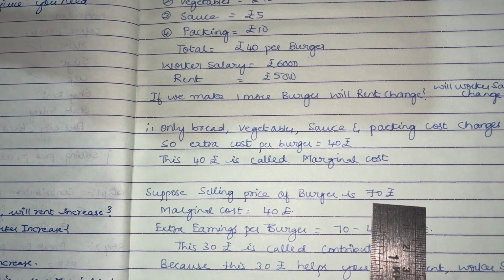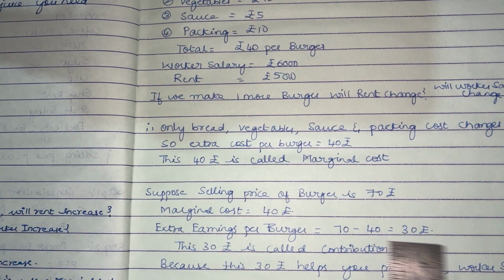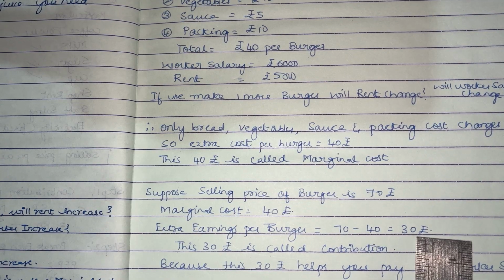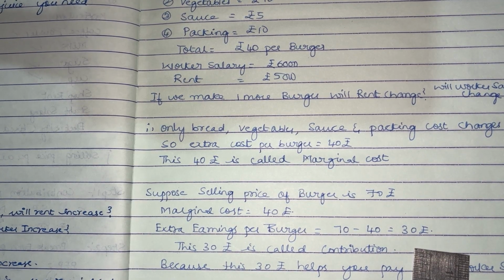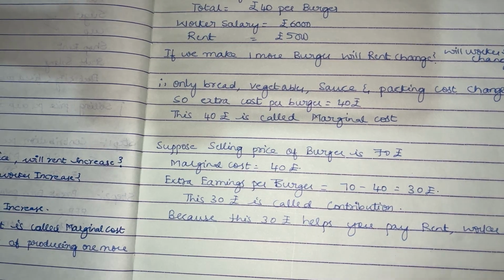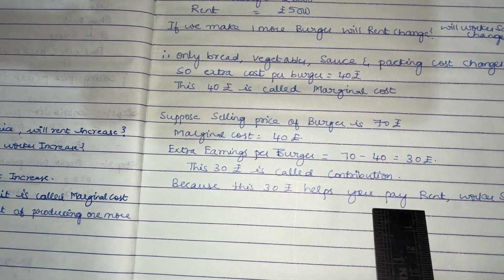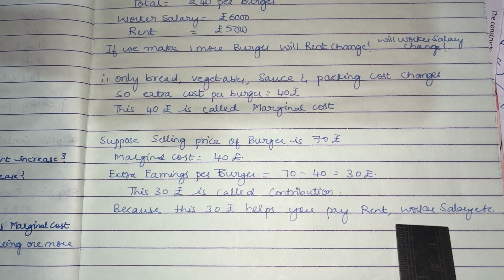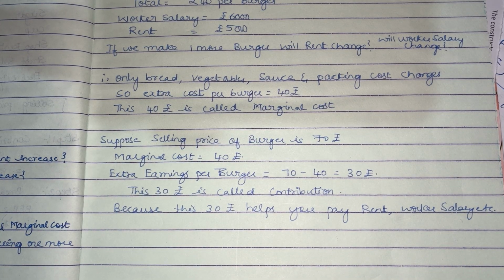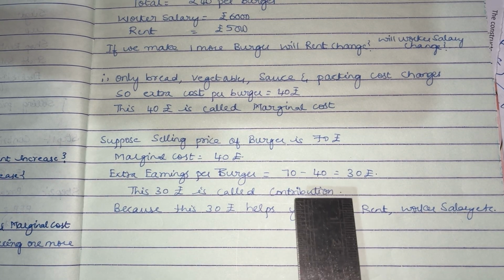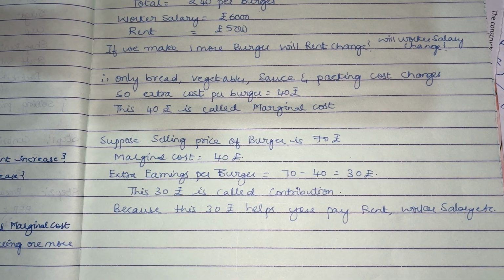Suppose my selling price is 70 and my total cost of the burger is 40 rupees, then the remaining amount will be the contribution. Why is it called contribution? Because from this remaining 30 rupees, I will pay the rent, I will pay the worker salary, and I will have to enjoy my profit also. So it is called contribution, my dear students. Did you get to know why it is called contribution?